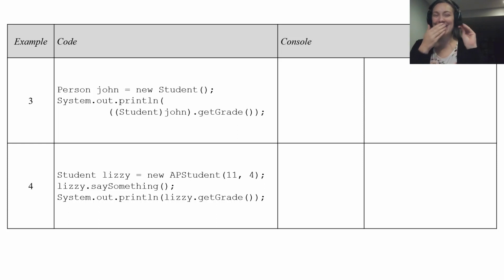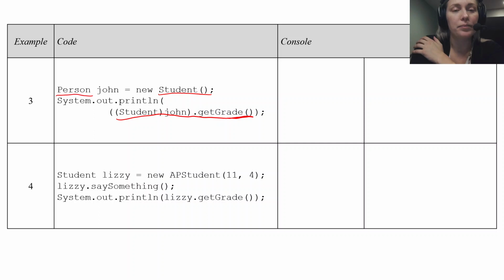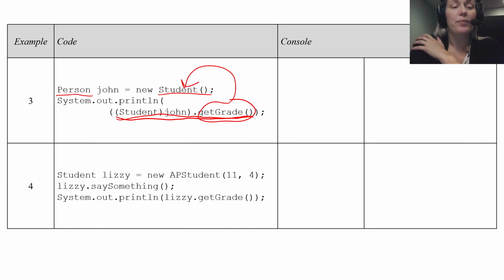Okay, let's see some more examples. Legal upcast, I always check this first. Is this legal? Yes. Person John equals new Student. Awesome. So now we've got a print line statement. ((Student) John).getGrade. GetGrade is a method in student. It is not a method in person.